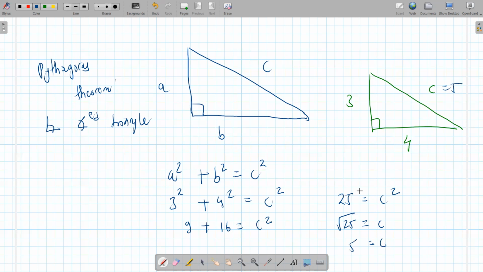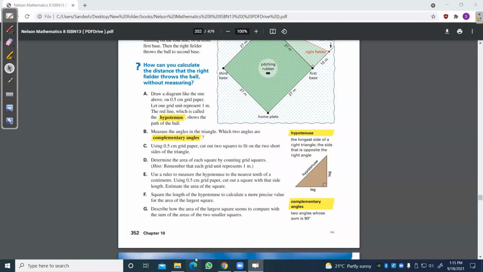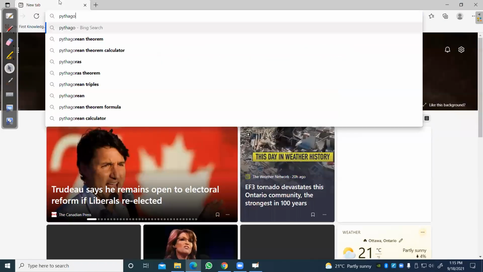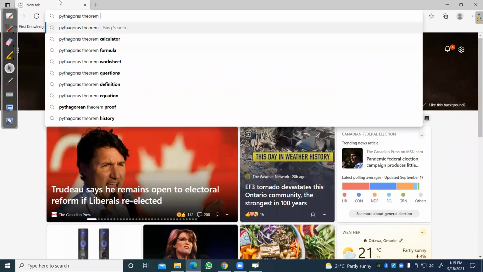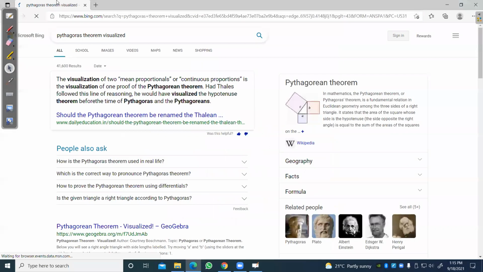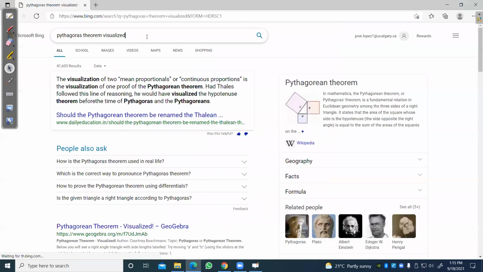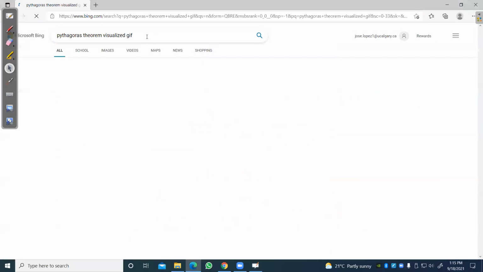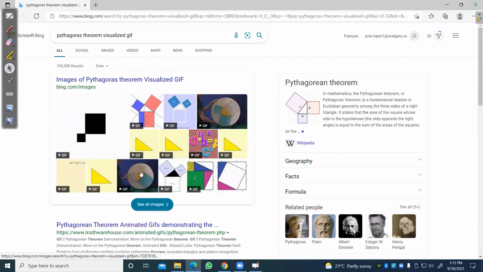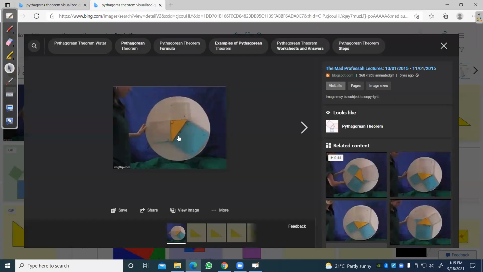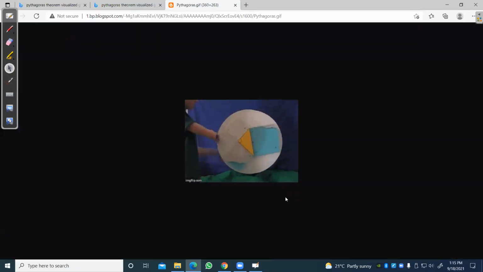A squared plus B squared equals C squared. Let me see if I can find you something. So you see this?